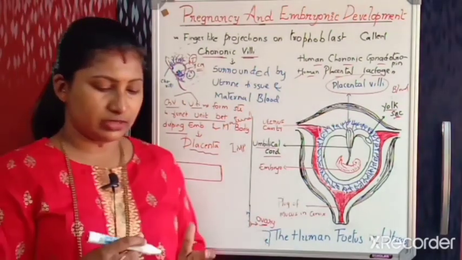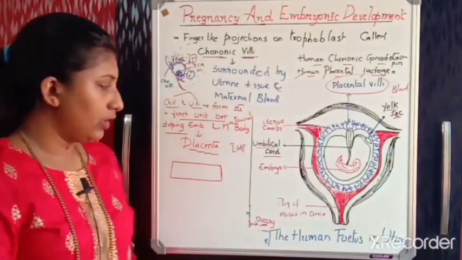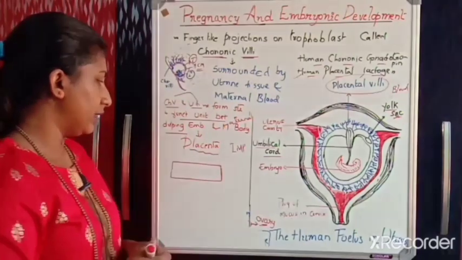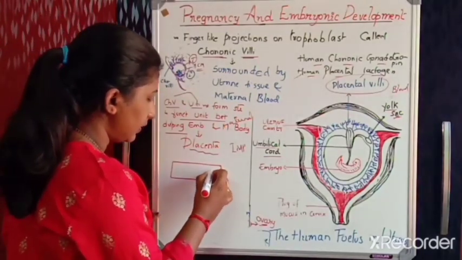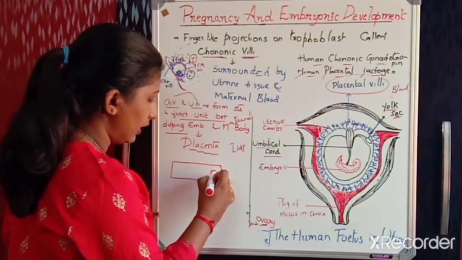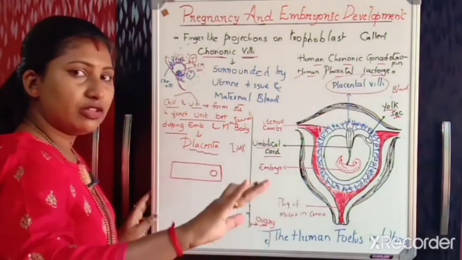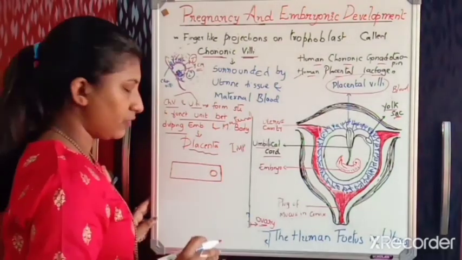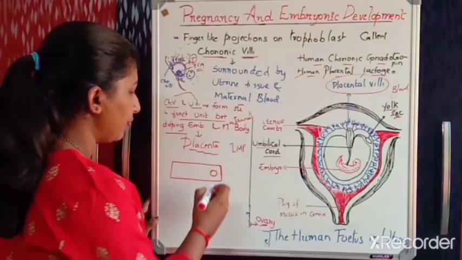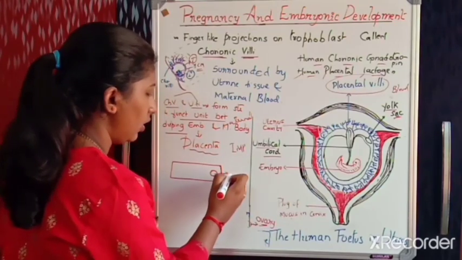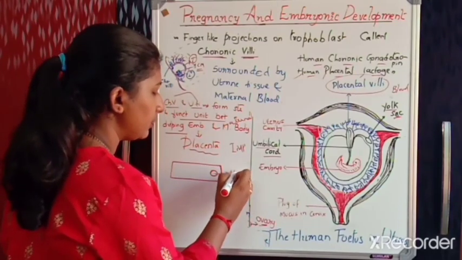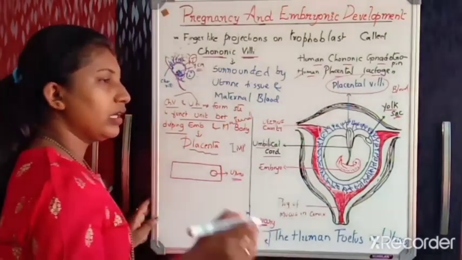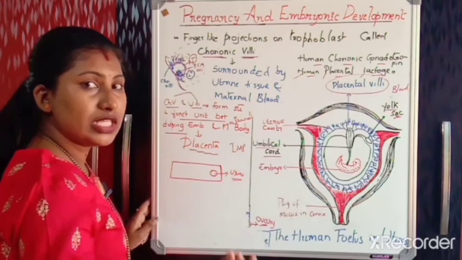Nowadays in advertisements you may find this pregnancy detection kit. In this kit, there will be a hole at one corner like this, a furrow, and here simply a substrate will be present. Now, in this hole or furrow, the urine has to be added, and this urine should be concentrated urine.